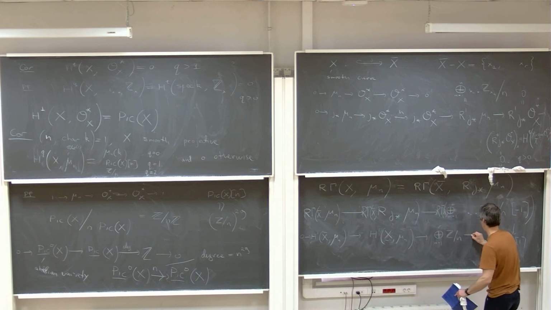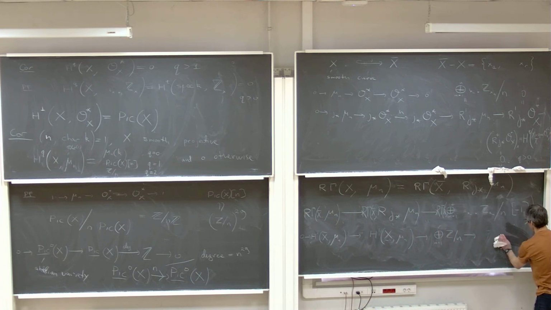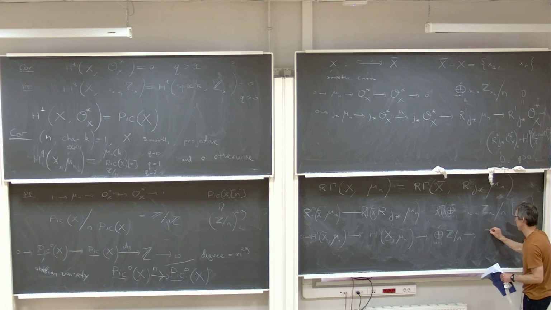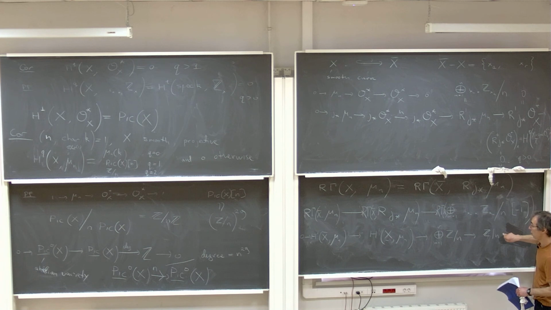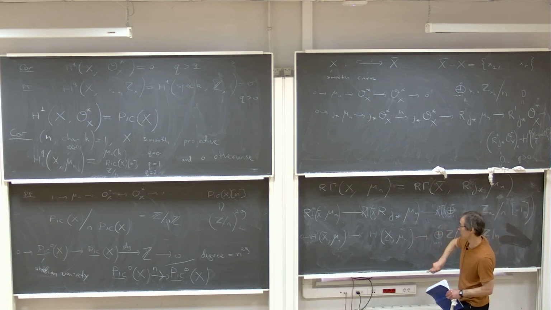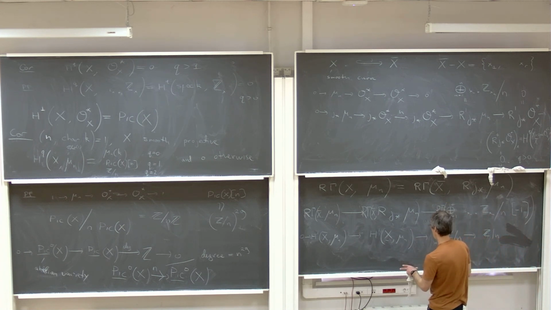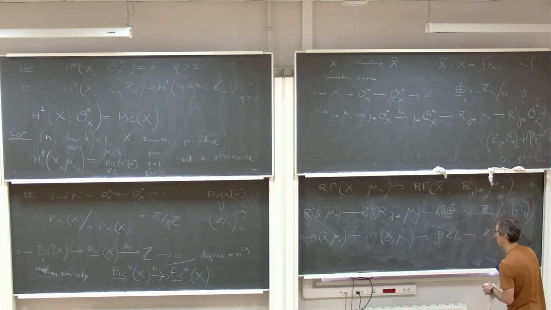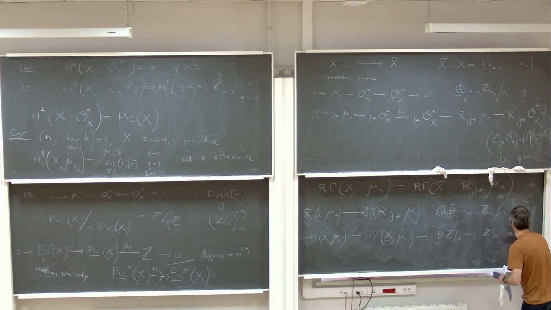And by the computation that we just made, this is Z mod n Z. And now the next term is already 0, right? And so I get a short exact sequence.